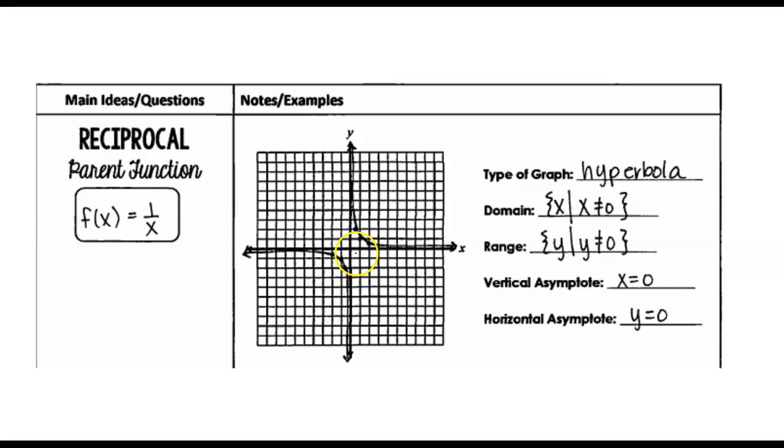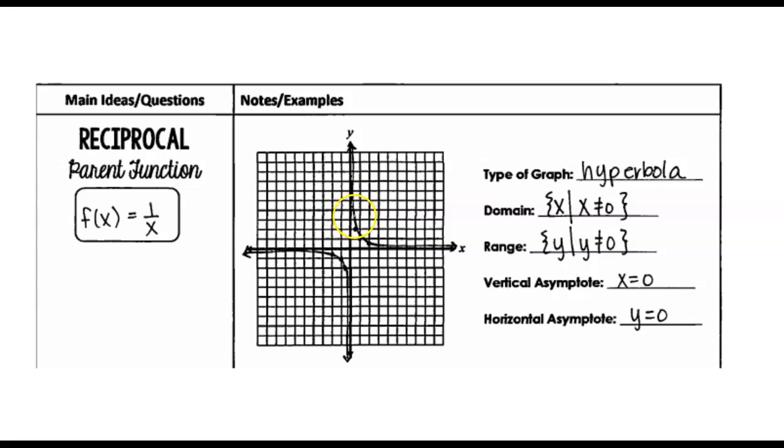So that's why, as we look at this, it gets closer and closer to the x-axis as x gets bigger. Same with the negative values, it gets closer and closer because we're drawing that number down to 0, close to 0. Now, if we talk about the vertical asymptote, look at it up and down.